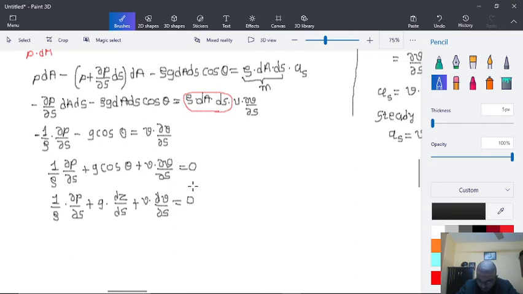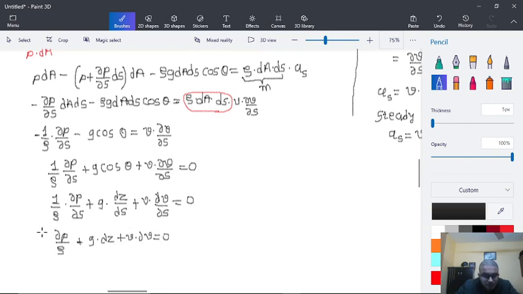So here we can eliminate ds from everywhere, so we are left with del p over rho plus g into dz plus v del v is equal to 0.